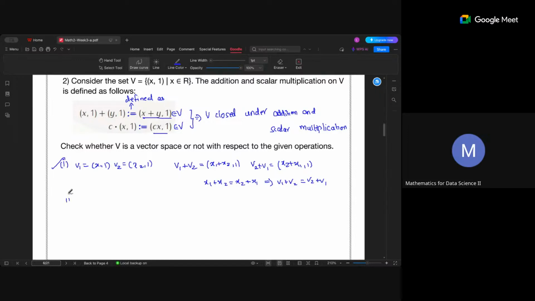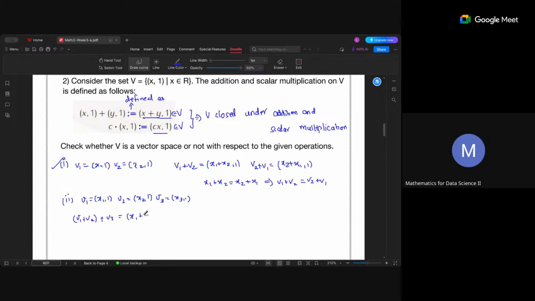What about the second one? What is the second property? The associative one. So here we need three vectors: v1 is (x1, 1), v2 is (x2, 1), v3 is (x3, 1). So what is v1 plus v2, and then plus v3?